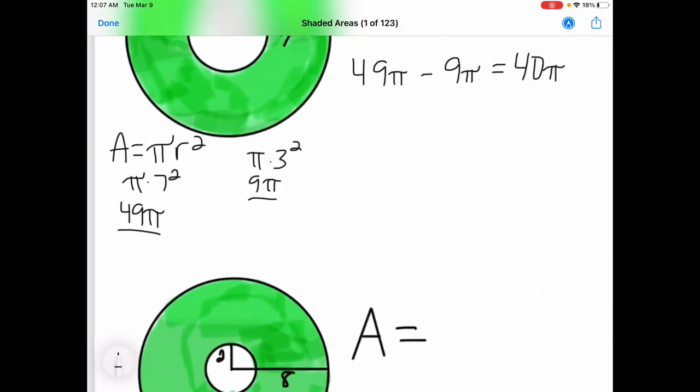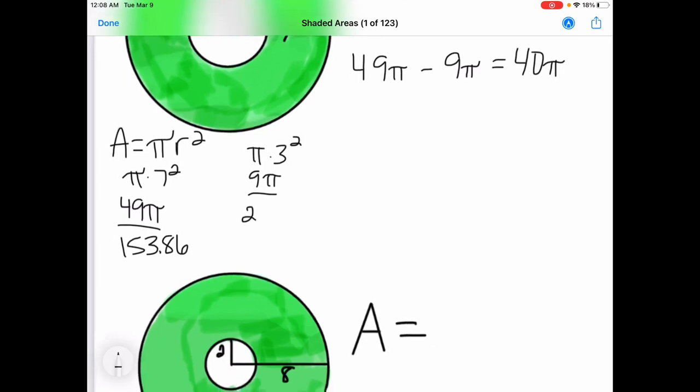So 49 times pi would be 153.86. And then 9 times pi, and I'm using 3.14 for pi, so that area would be 28.26.